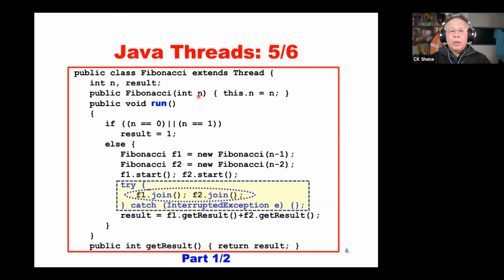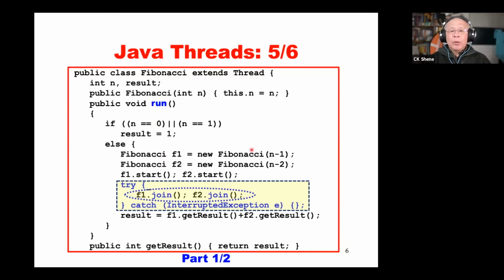We use the input argument n to initialize this class's n. The run method goes as follows. If the input value is 0 or 1, we return 1, because the first two Fibonacci numbers are 1 and 1. If n is greater than 1, then the value of n is larger than or equal to 2.